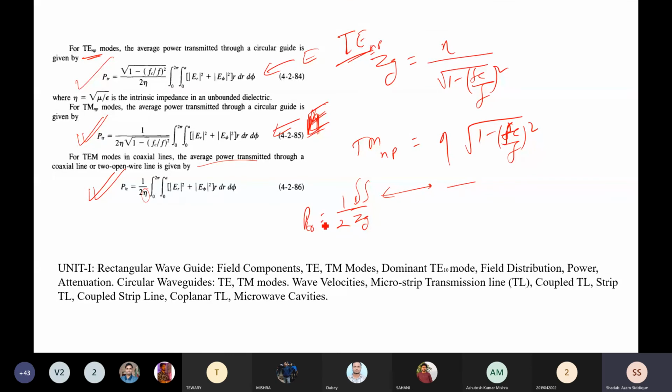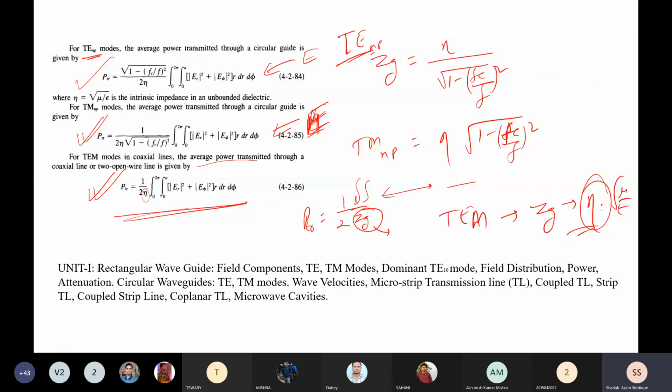So you know this power transmission formula. Instead of ZG, if you have the TE or TM mode, you can replace ZG with eta, where eta is equal to square root of mu by epsilon. So if I ask you the power transmission of the TE and TM mode, you should just change this ZG with eta.